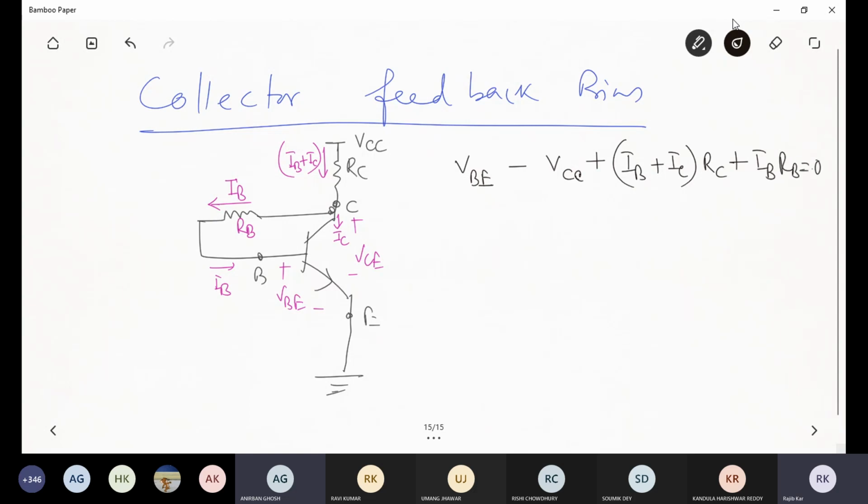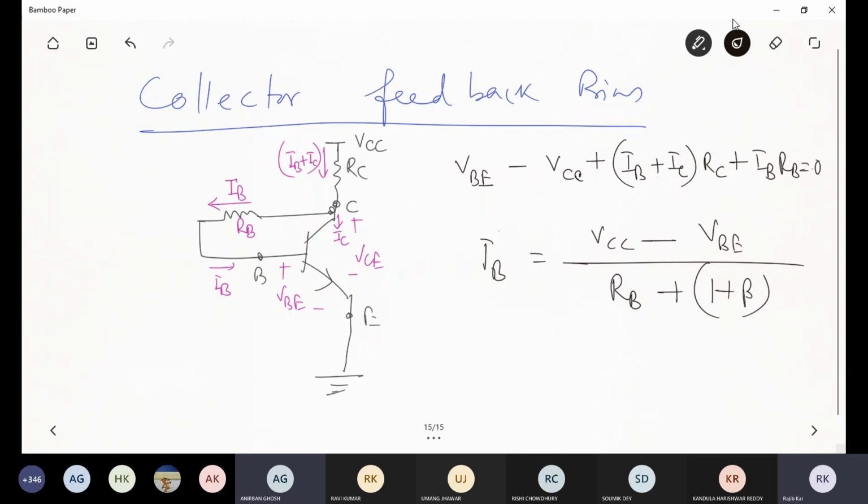So if I simplify, the value of IB will be VCC minus VBE divided by RB, and once you know IB, IC can be found out by beta IB.